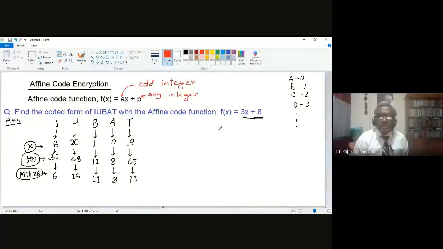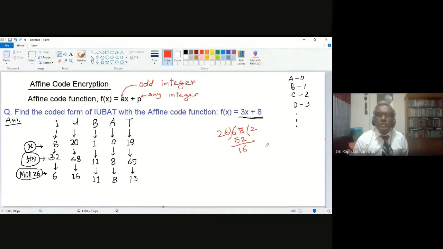Sir, 68, you will divide this by 26. So it will be 2 times. So it will be 52. And then the remainder is 16. That is it.